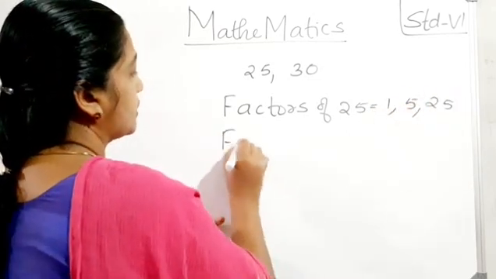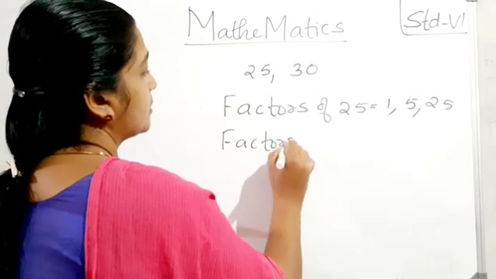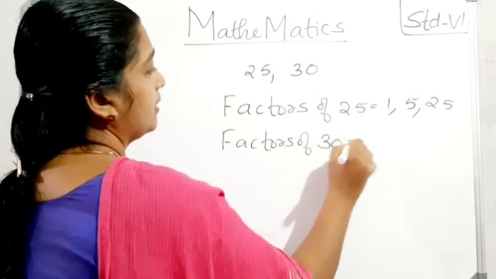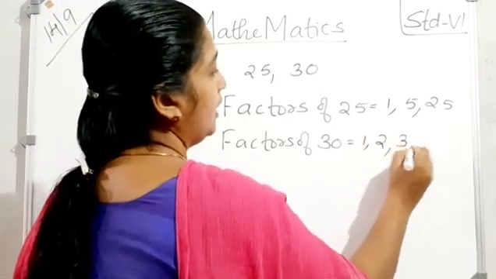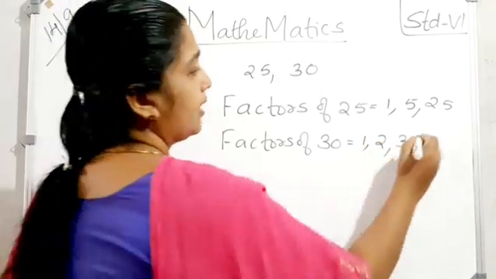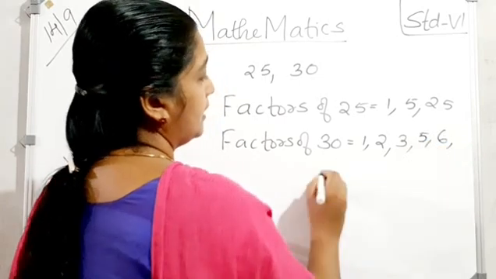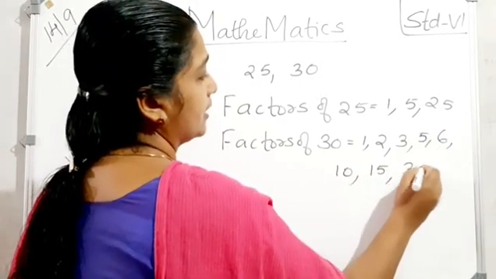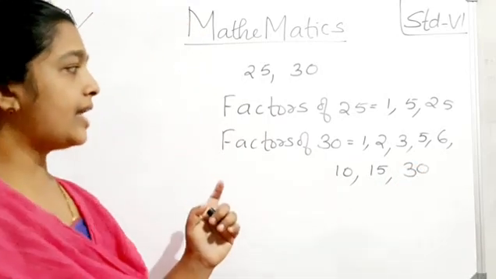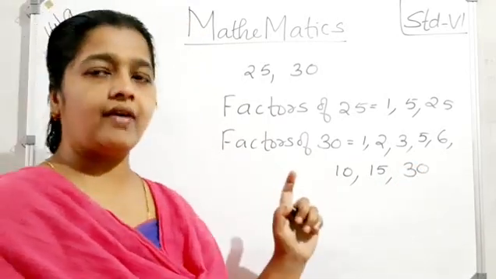Then factors of 30. Say 1. Next 2, 3, 4 is not there. Next 5, 6, then 10, 15 and 30. Understand? These are the factors of 25 and 30.